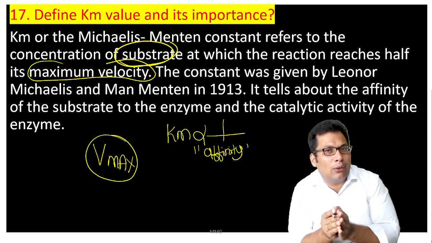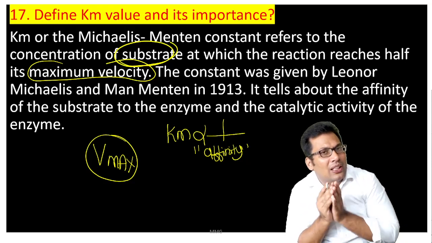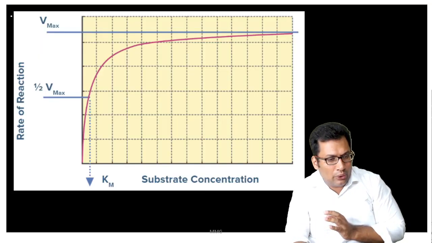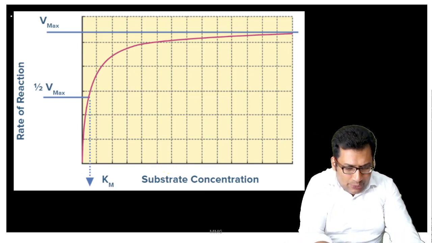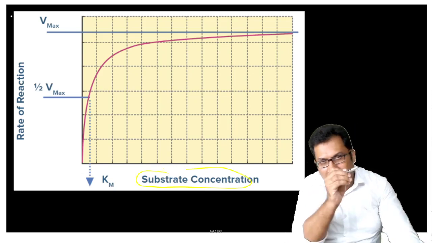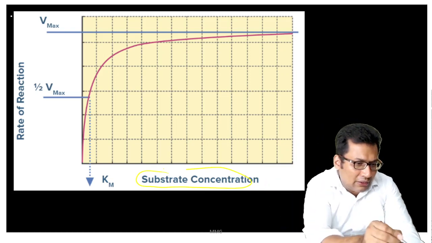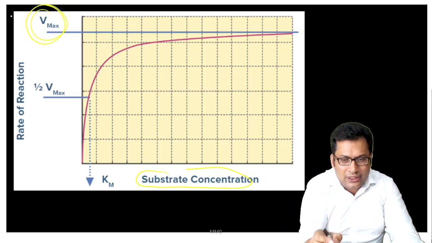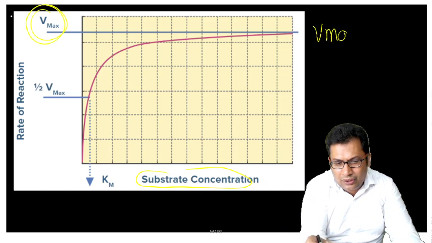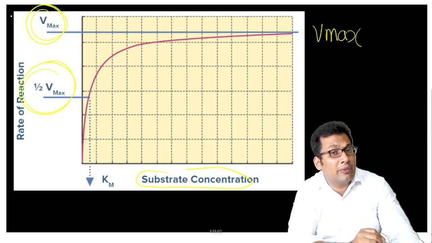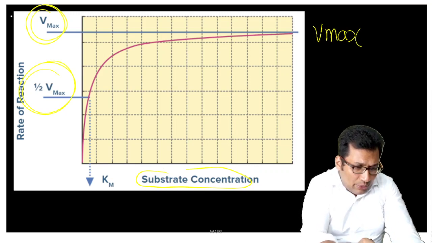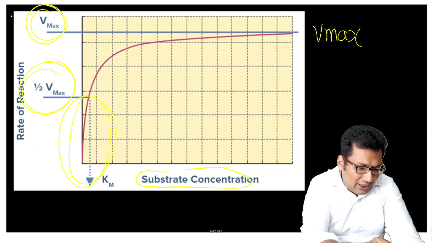So that is the meaning of Km value and also its relation with affinity. Look at this. You need to draw this picture in the exam. This is the substrate concentration on the x-axis, Vmax on the y-axis. This is the Vmax and this is the half of the Vmax, and the corresponding substrate concentration is nothing but your Km value.